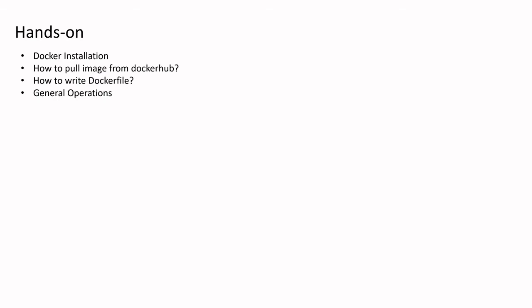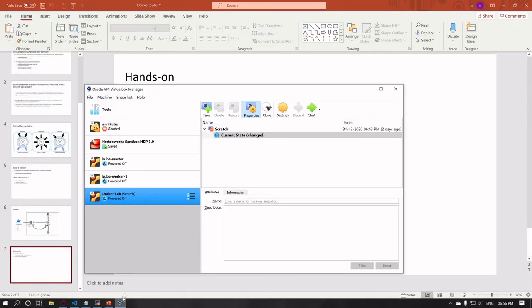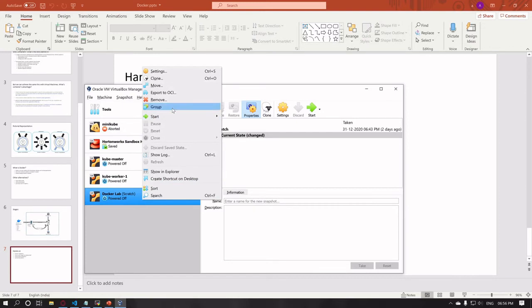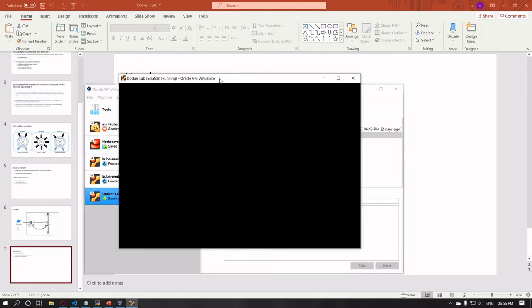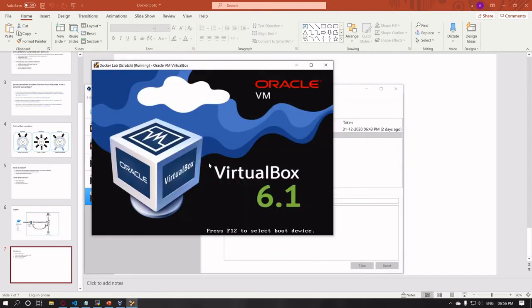So moving on to this hands-on part of this tutorial, I have already created one VirtualBox VM that is hosting Ubuntu 20.04 like before, and we will just power it on at first.